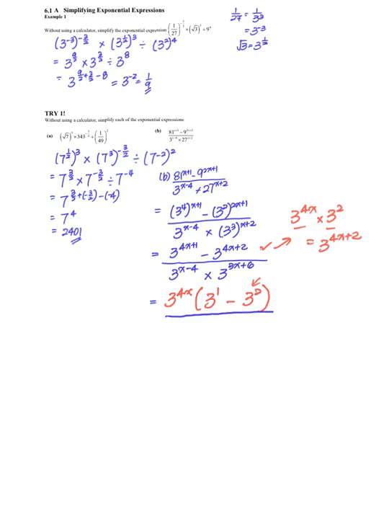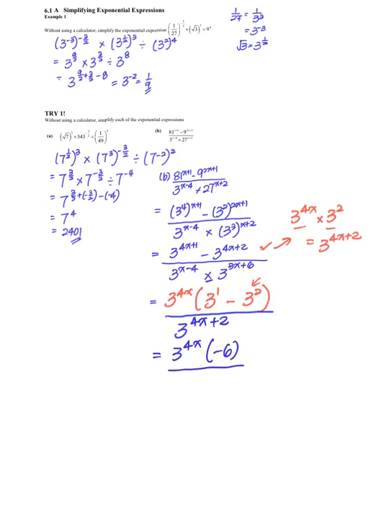Then we look at the denominator. In this case, it's times, so I can add the power. So x minus 4 plus 3x plus 6, that's 4x plus 2. So I have 3 to the power 4x in the numerator, then 3 minus 9. 3 minus 9 is minus 6.